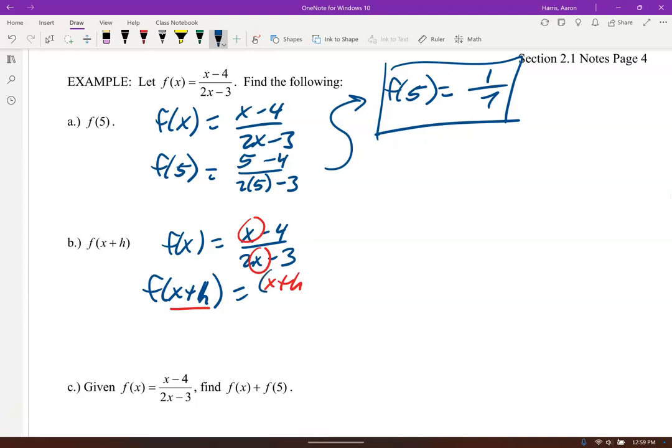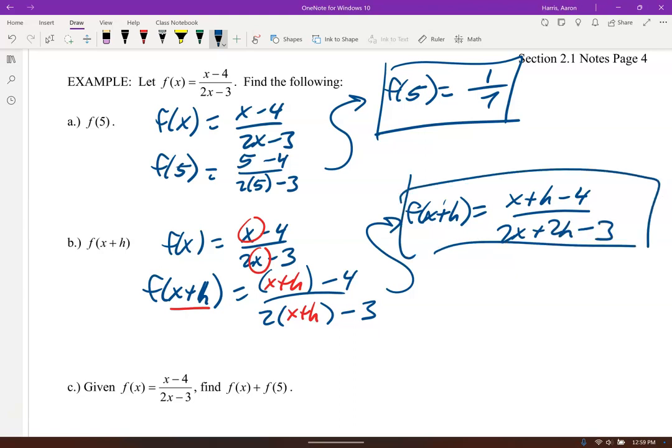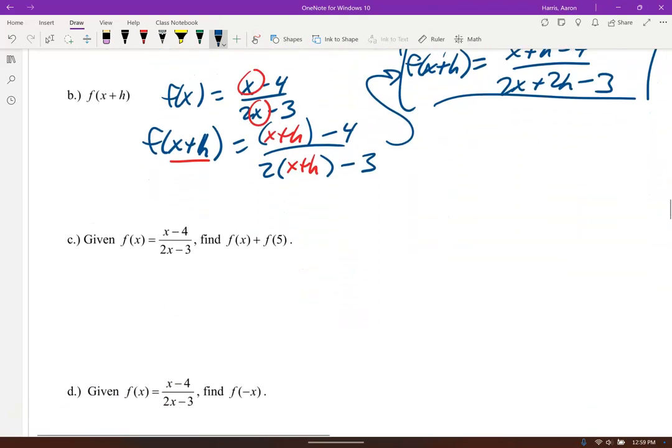There's the x minus 4 over 2x minus 3, but again, the x is x plus h. So now we just have to clean that up. f of x plus h equals x plus h minus 4 over 2x plus 2h minus 3. And you can stop right there.